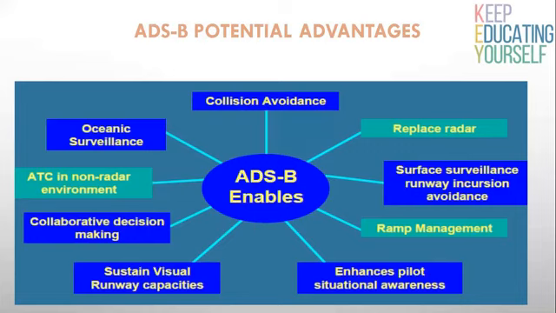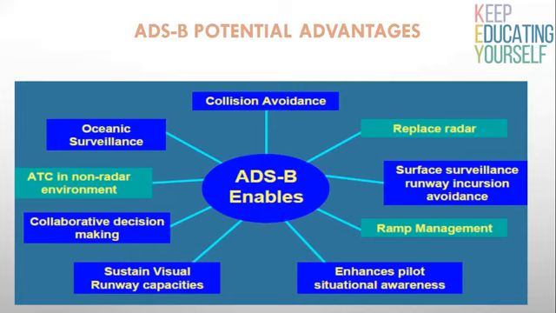CDTI traffic information may be obtained from one or multiple sources, including ADS-B, TCAS, and TIS-B. Direct air-to-air transmission of ADS-B messages supports display of proximate aircraft on a CDTI.